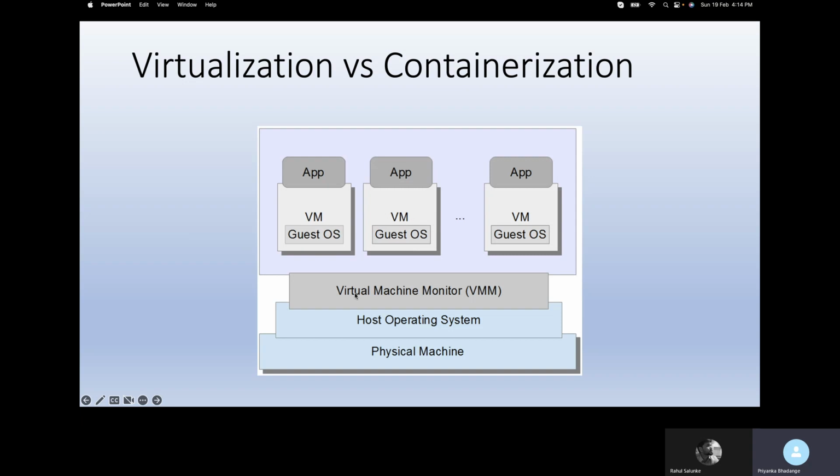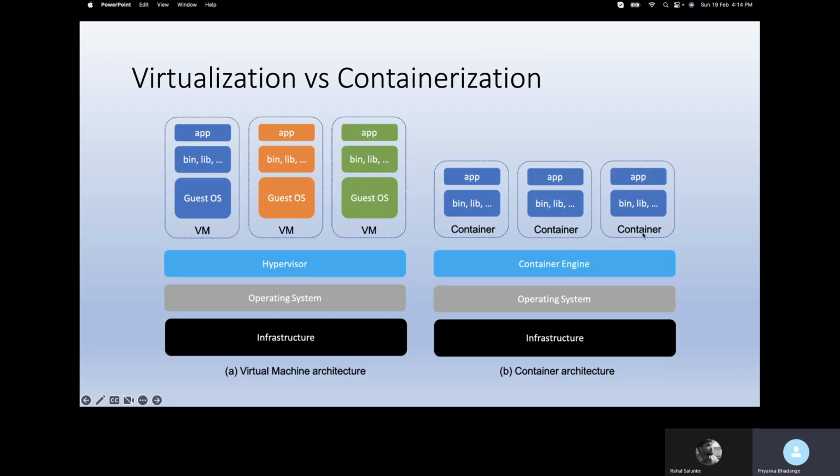So to avoid this problem, containerization came into the picture. Previously, we had our physical machine and operating system. On top of that we were running a hypervisor, and on top of that we were running multiple VMs. Now we remove this guest OS dependency, and we directly run our application as a process in container architecture.